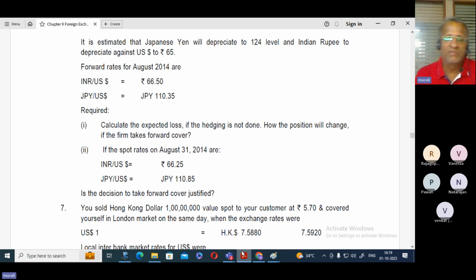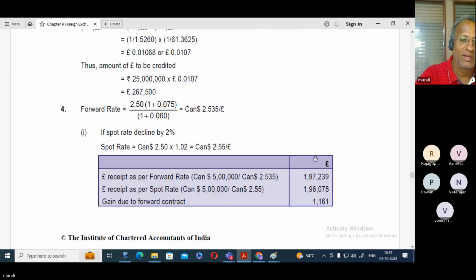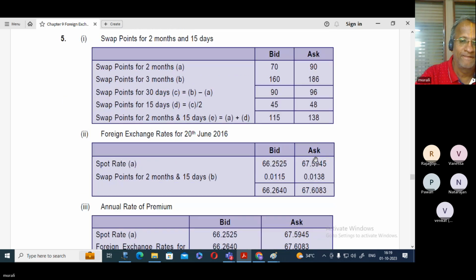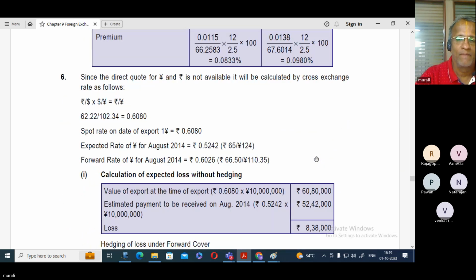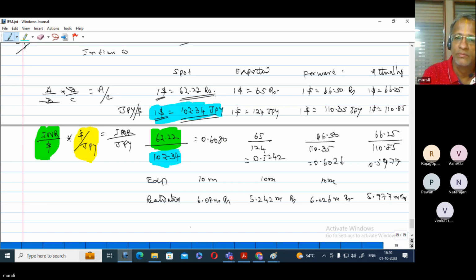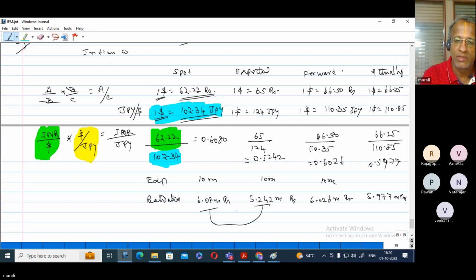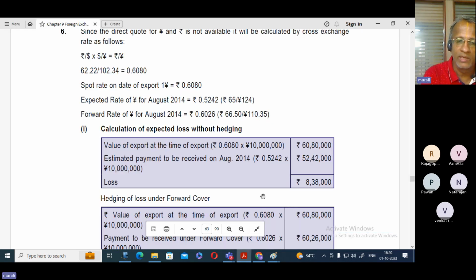See, sometimes the question itself is not properly arranged. Let us see what the solution was. Calculate expected loss without hedging. Correct. 8.38. Correct.